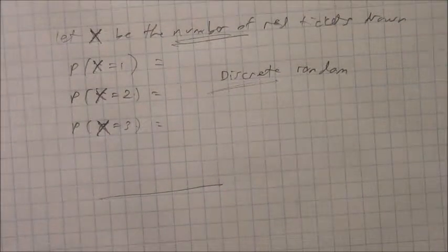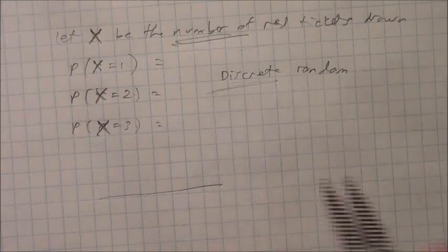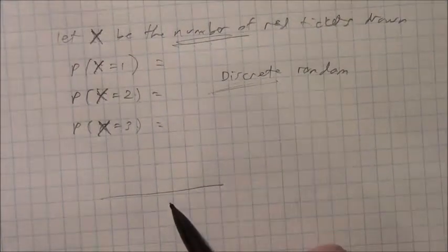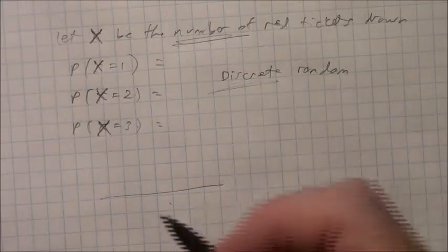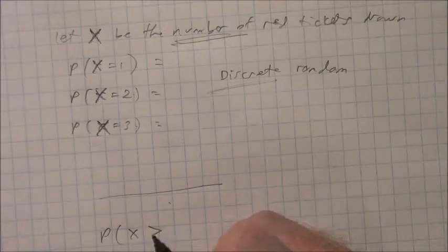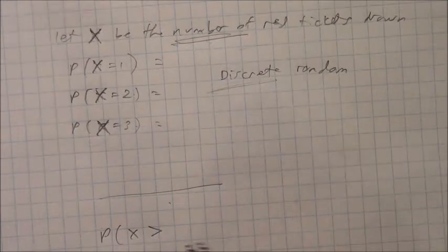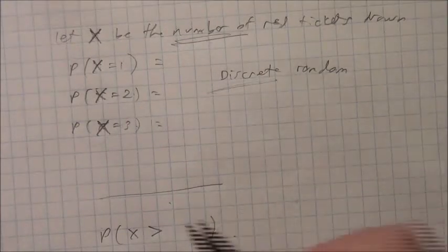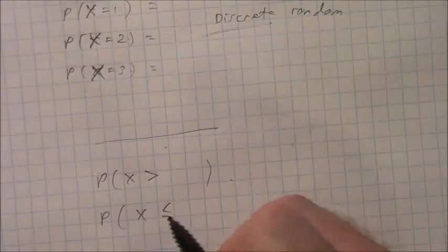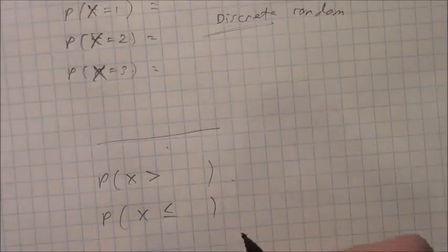These are measured values, and they can take on any value in some sort of range. So when we talk about discrete random variables, we'll be saying, okay, well, if the probability of x greater than some value is such and such, or the probability of x being less than or equal to some value.